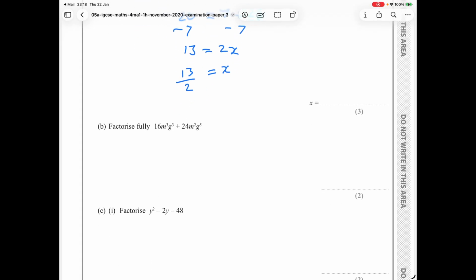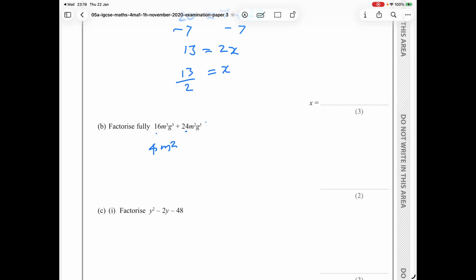Now, factorise fully. Factorise fully means it's going to be more than just 4, which is the highest common factor of 16 and 24. So we've got 4. Then m cubed and m squared, the highest common factor of that is m squared.